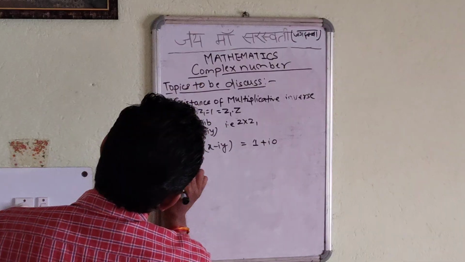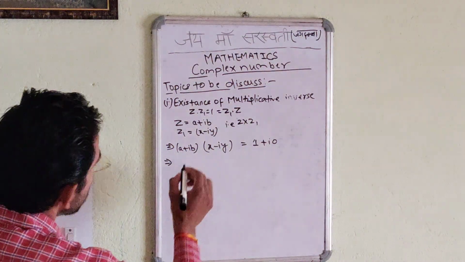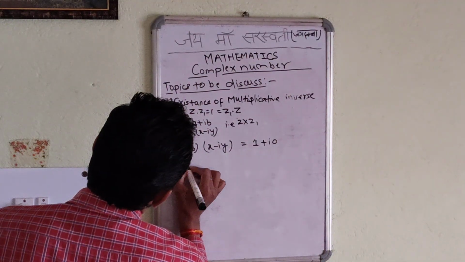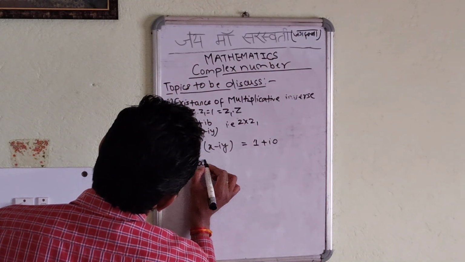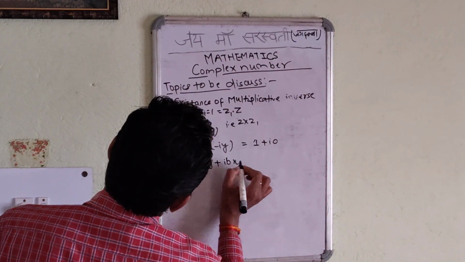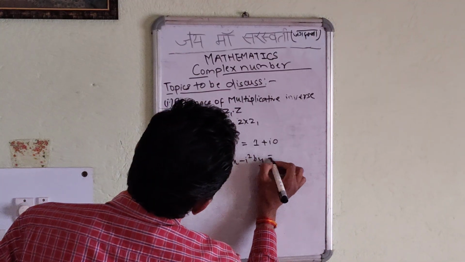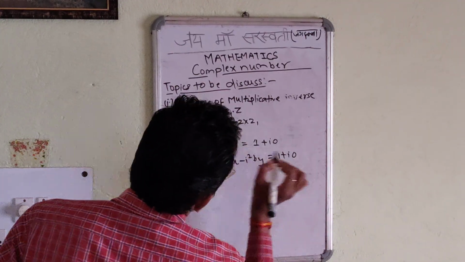First of all we will see how we do the product of the two complex numbers. In this case it is ax - aiy + ibx - i square by = 1 + i·0.